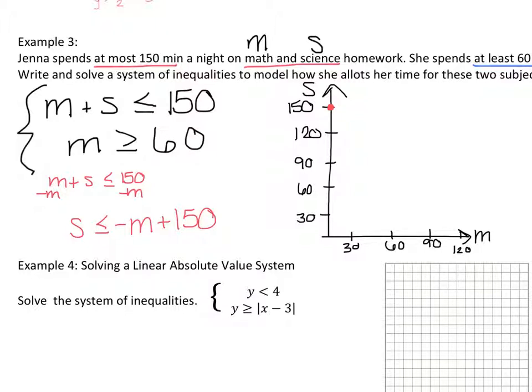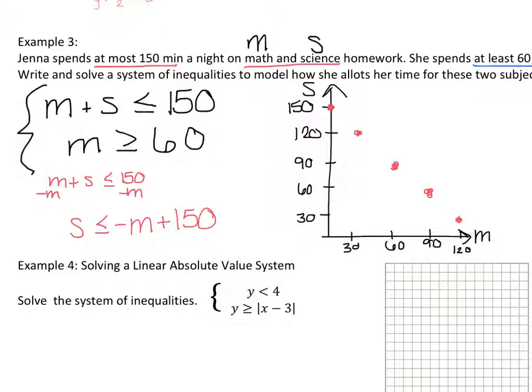Yes, so let's go down 30, right 30, down 30, right 30, down 30, so on and so forth. So we've got 120, 60, 90, and then it would keep going.